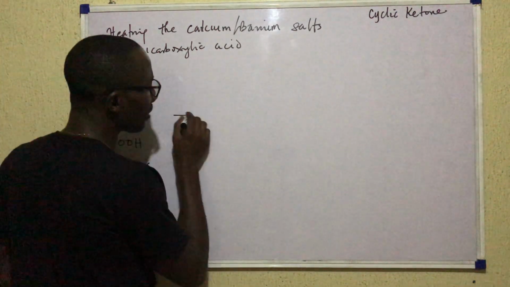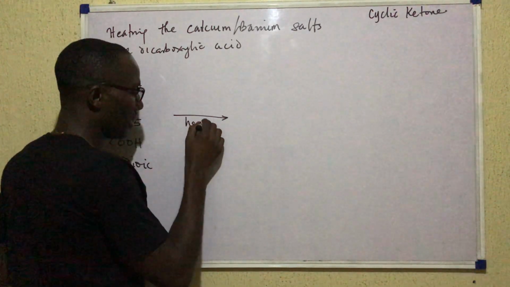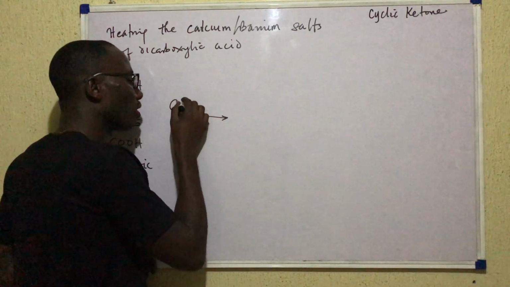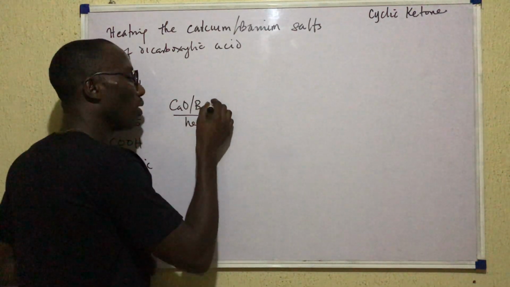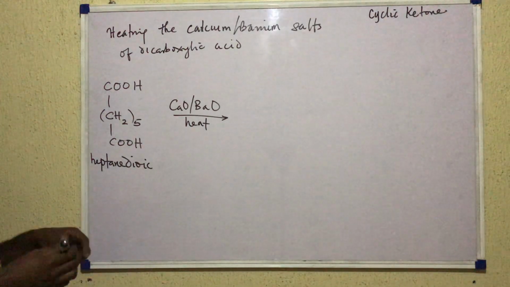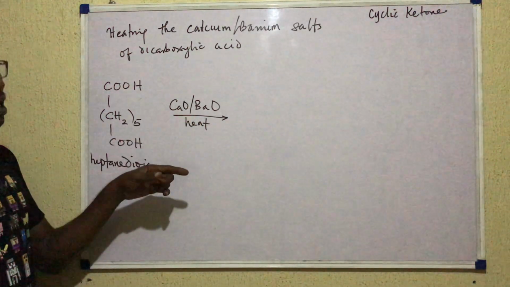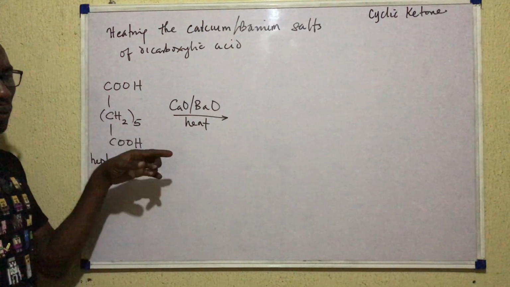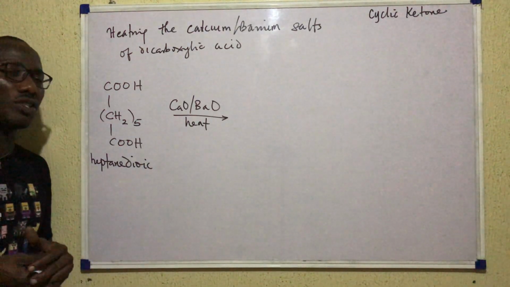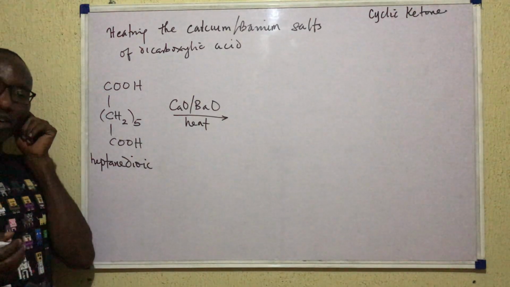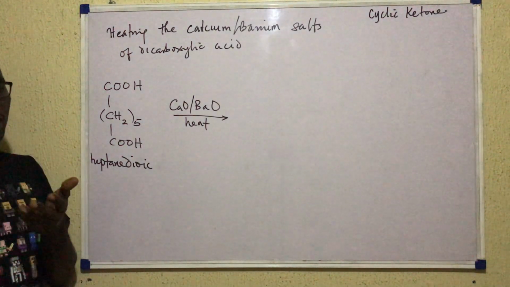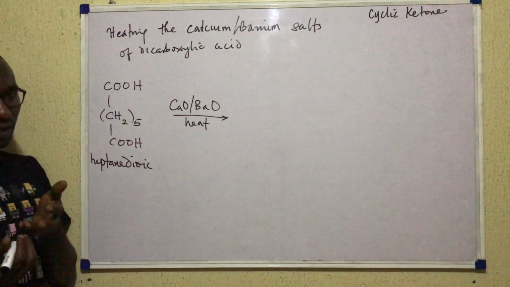Now if I were to heat that acid, in the presence of calcium oxide or barium oxide, that acid will form its calcium or barium salt, which will then be decarboxylated. Decarboxylation has to do with removal of carbon from a compound, usually in the form of CO2, carbon dioxide.